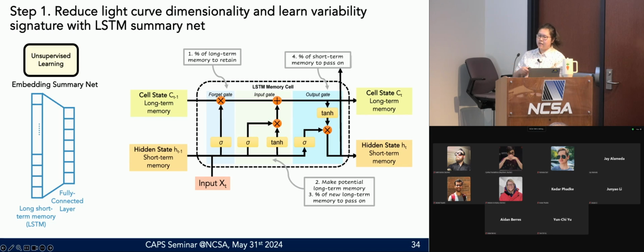The idea is that you are trying to learn how a light curve would go from one data point to the next and then to the next. Okay, so after we have the LSTM network learn how AGN variability is like, we feed it through another layer of neural net just to further summarize the features that we got from the LSTM network.